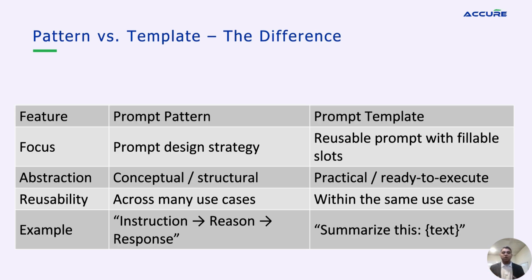This is just a habit or pattern or observation. And template is practical, ready to execute once you fill the variables. Reusable: a pattern can be reused across many use cases because this is how you see the behavior of LLM. You can use it in many domains or tasks. However, a prompt template is very specific to a domain or use case. You saw the example.